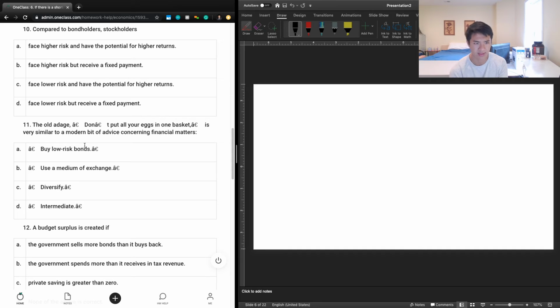The second reason that stockholders face higher risk has to do with the bankruptcy laws in the country. Bankruptcy is one of those extreme scenarios, but if a company were to go bankrupt, they have to sell off all their assets and pay back as much as they can to their debt owners.